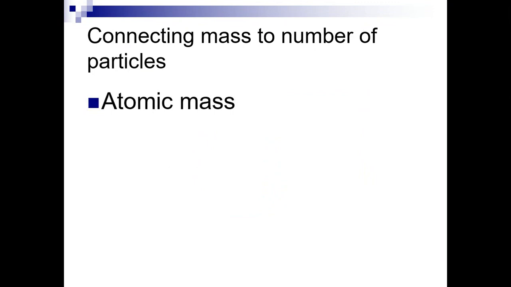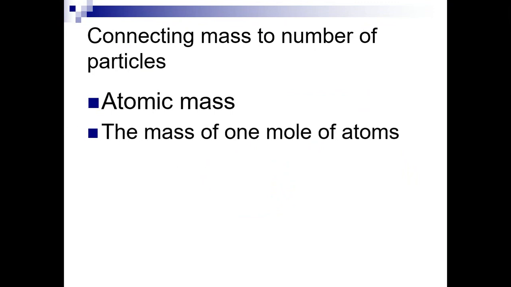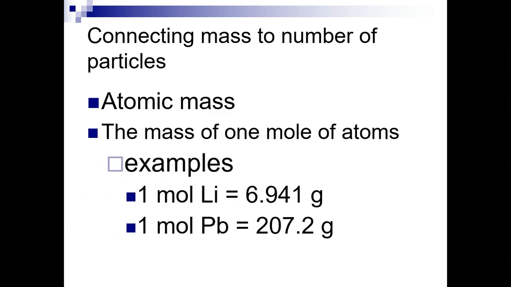We're going to use what's called the atomic mass. That's the numbers on the periodic table. We know what those are. Those are decimal numbers. And if we're talking about a single atom, like we were in the last one, talking about oxygens, we would just use the numbers straight off the periodic table. What's lithium's atomic mass? What's lead's atomic mass? Whatever we need to use.